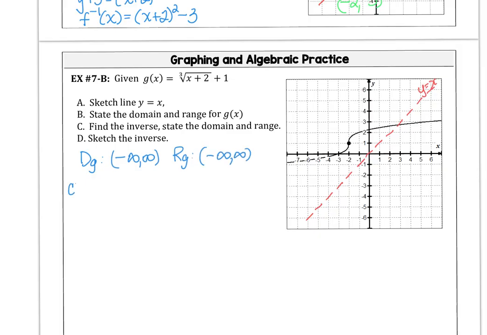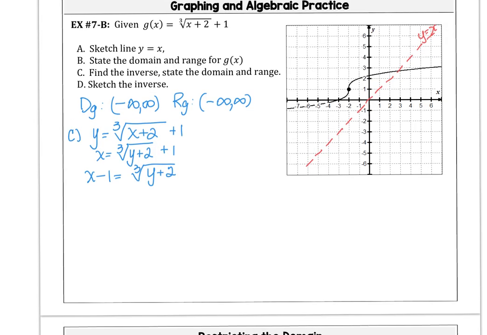In part C, we want to find the inverse. So when y is the cube root of x plus 2, plus 1, we can interchange the x and the y, and solve for y in terms of x. We need to get to the cube, so to get out of the cube root, we want to cube both the left and the right to get to that argument.